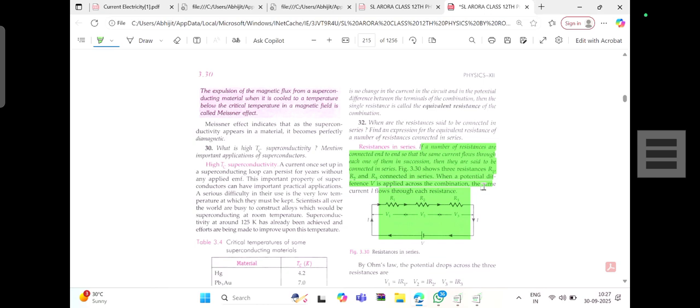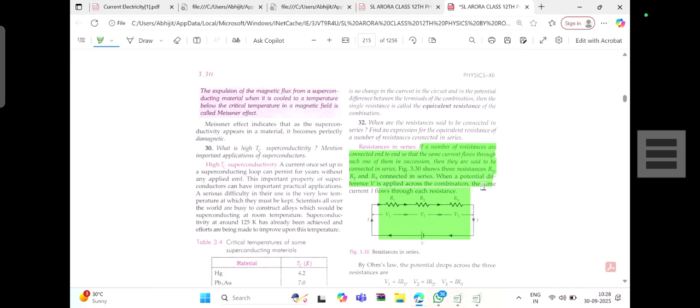That means if a number of resistors are connected end to end, and the same current flows through each one of them in succession, then they are said to be connected in series. The same current, that is the most important part.